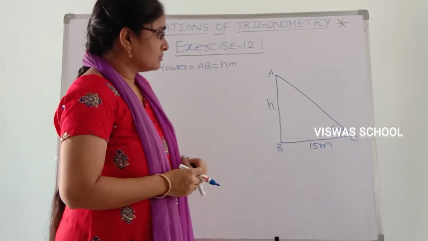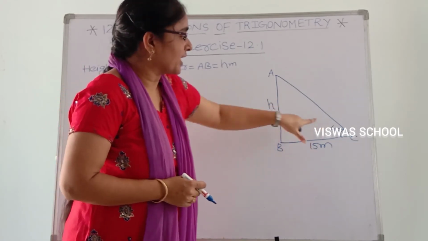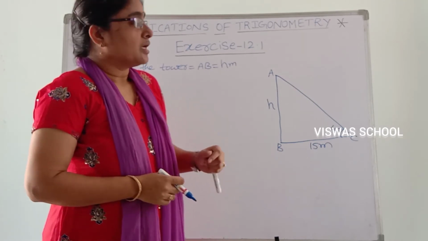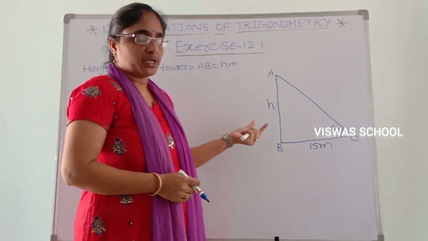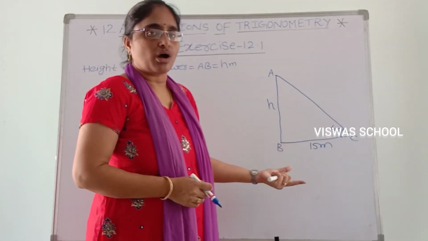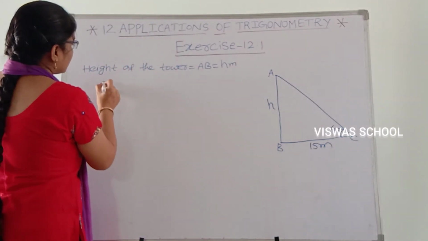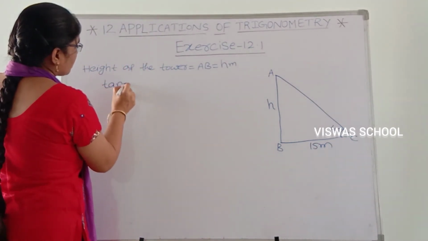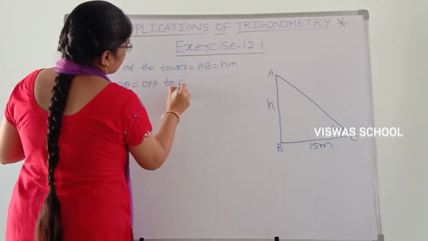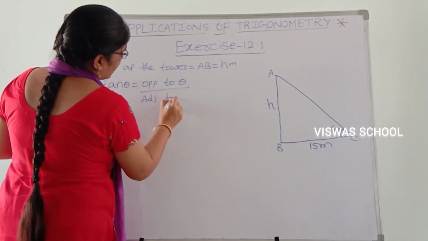Now, we want to find this H value by using these two. How can you find? This is opposite to 45 degrees and this is adjacent to 45 degrees. The trigonometric ratio related to opposite and adjacent is what? Tan or cot. Here I am taking tan. Then tan theta is equal to opposite to theta by adjacent to theta.